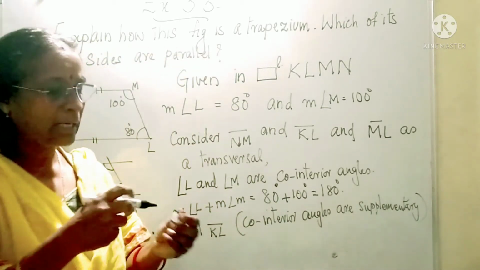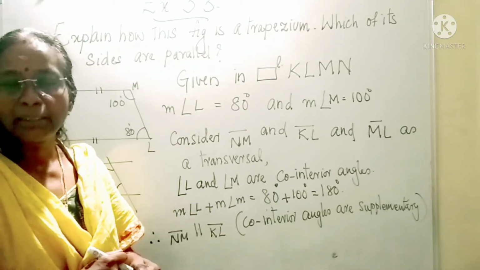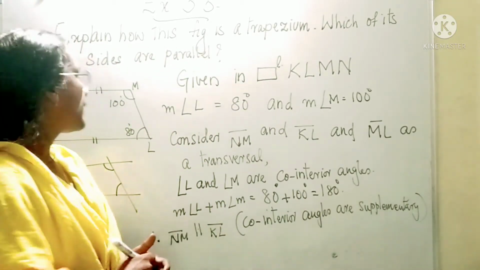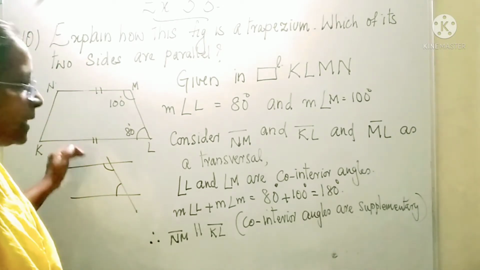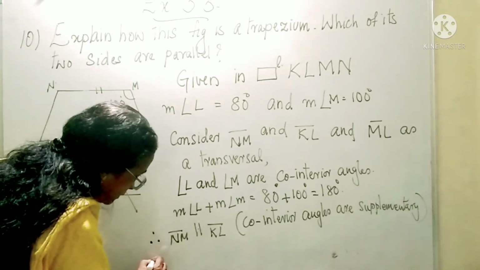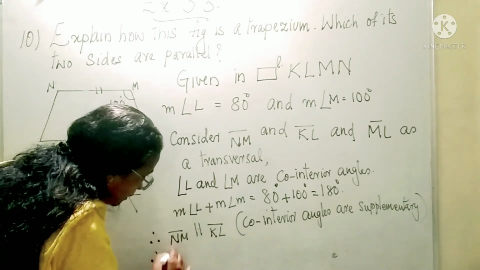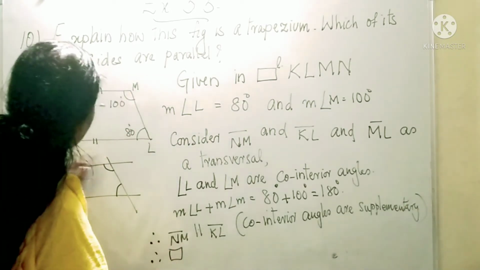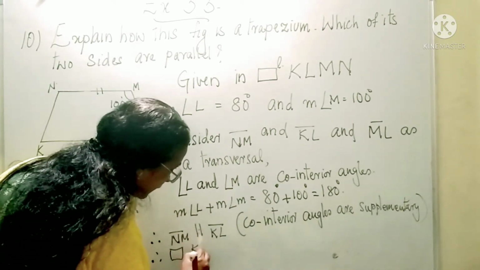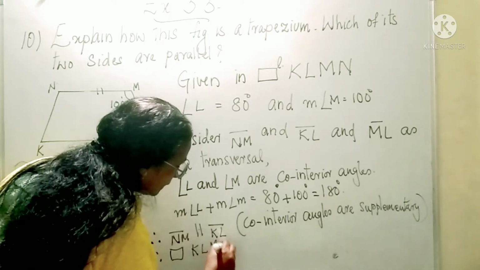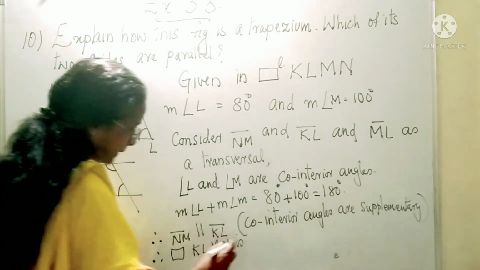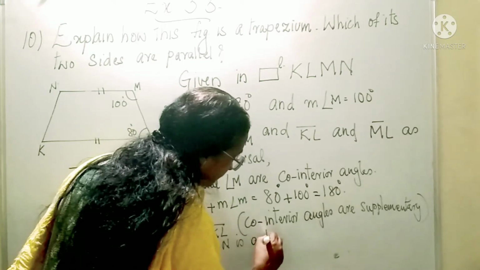When co-interior angles are supplementary, then the lines are parallel. And if these two lines are parallel, therefore, quadrilateral, what is the name? KLMN is a trapezium.